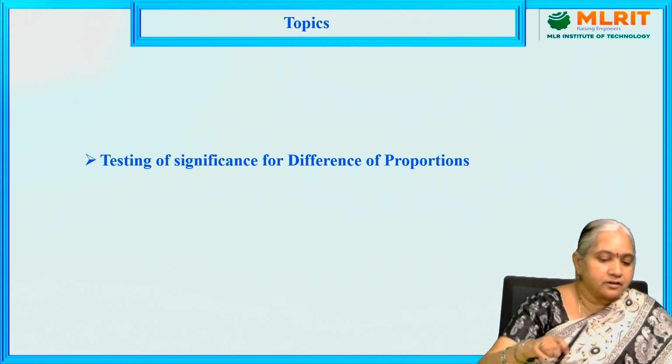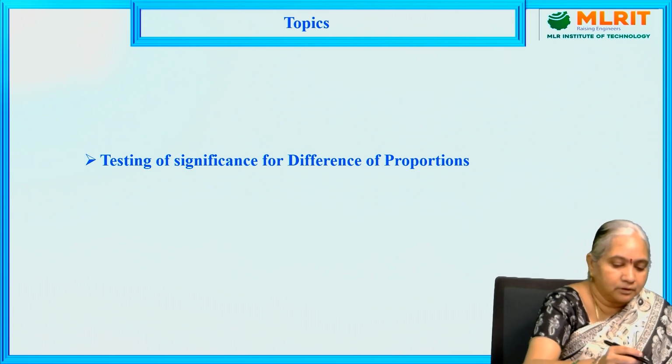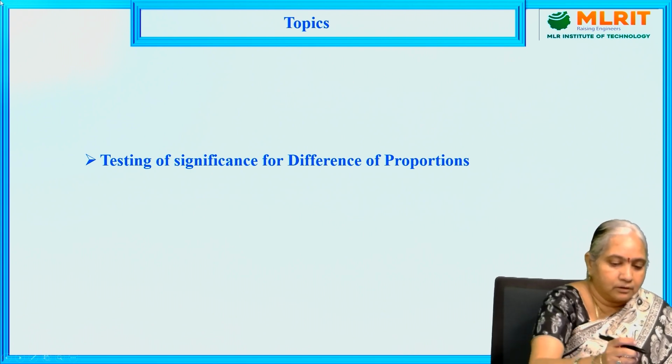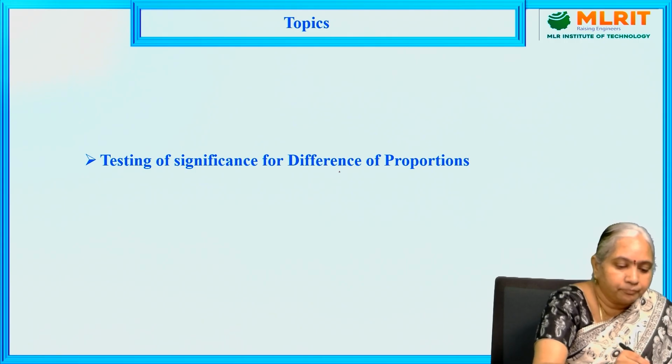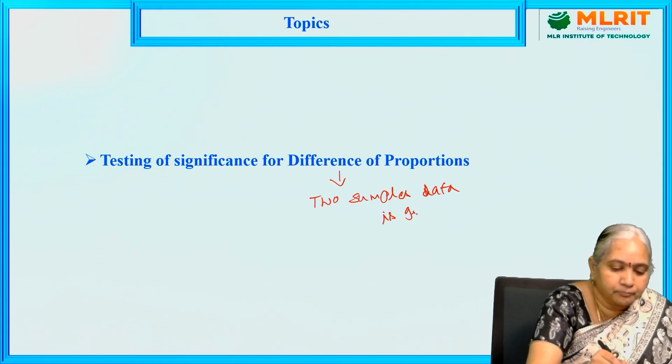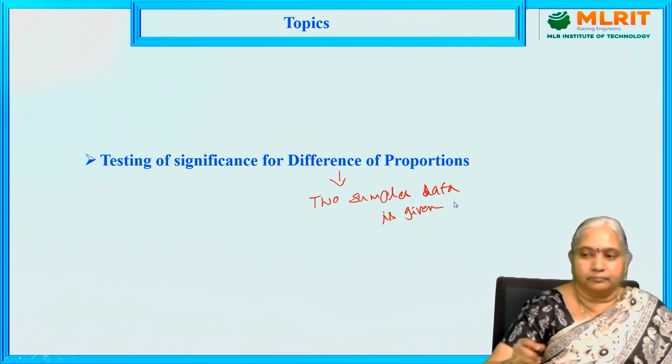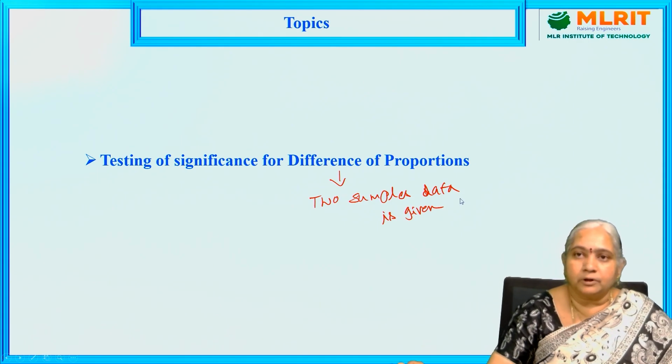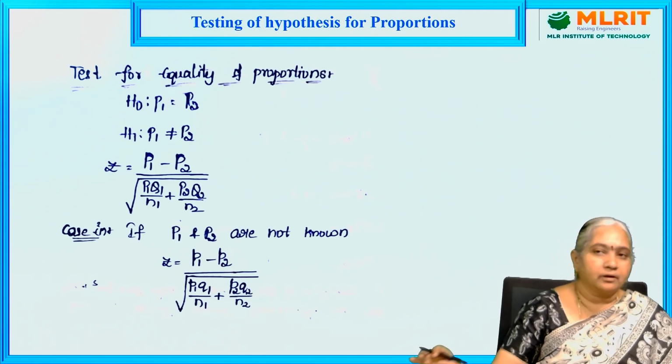So, difference of proportions means two samples data is given, whereas for a single proportion only one sample data is given.